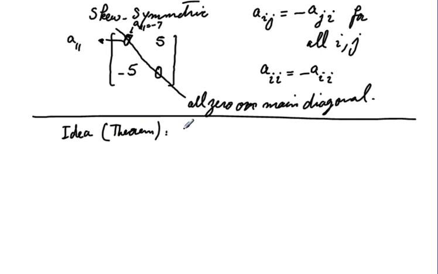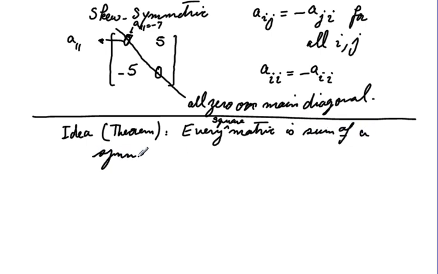And this is: every matrix, meaning any arbitrary matrix. We are still insisting on compatibility, so of course it has to be a square matrix. Every square matrix is the sum of a symmetric and a skew-symmetric matrix.